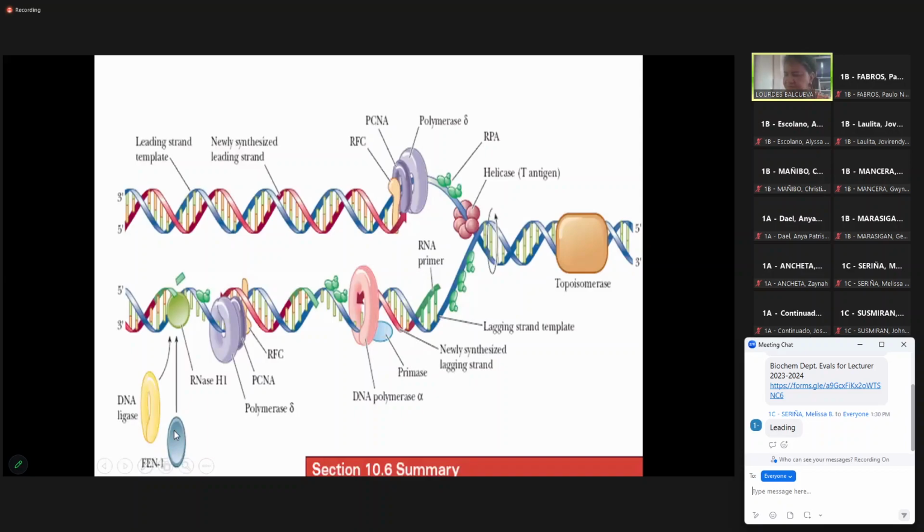What is FEN1? Flap endonuclease 1. So again, the RNA molecules present in the Okazaki fragments are released mostly by the RNAs, and the last one is released by your FEN1.